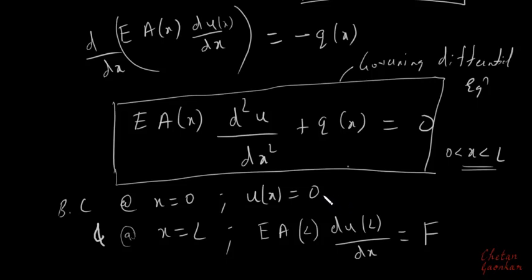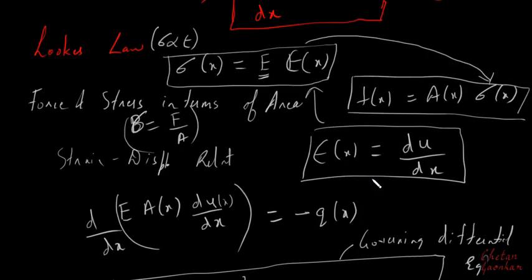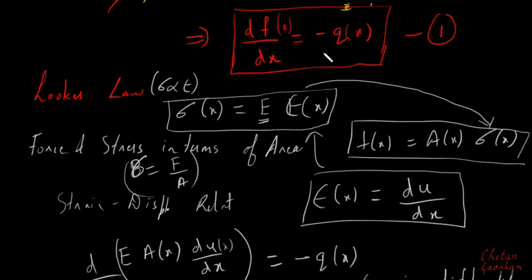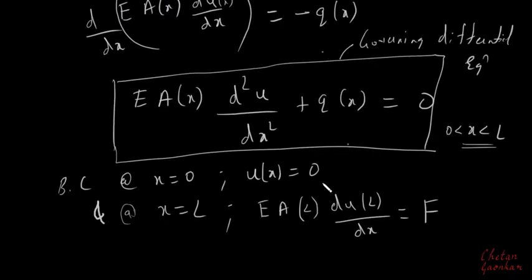Now these two types of boundary conditions are different in nature. This boundary condition has to do with where the bar is constrained, or with the displacement, and that is why this kind of boundary condition is called essential boundary condition. This is an important concept.